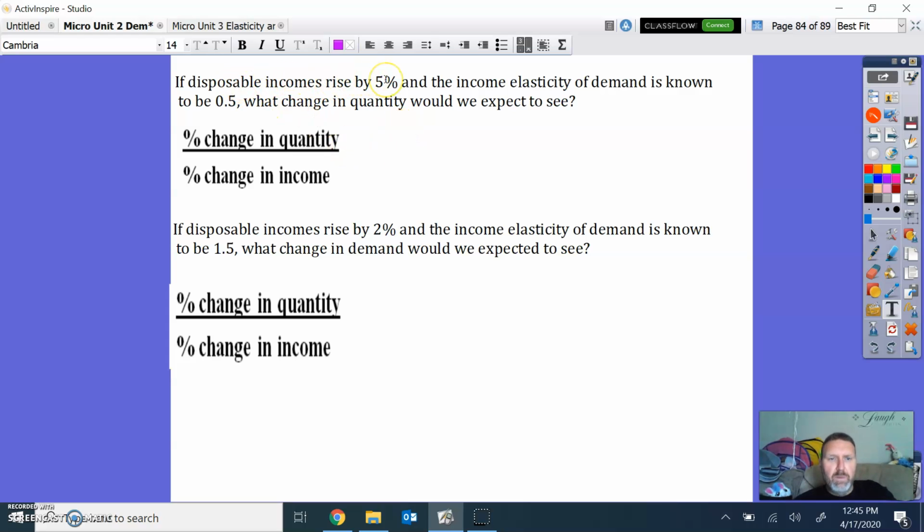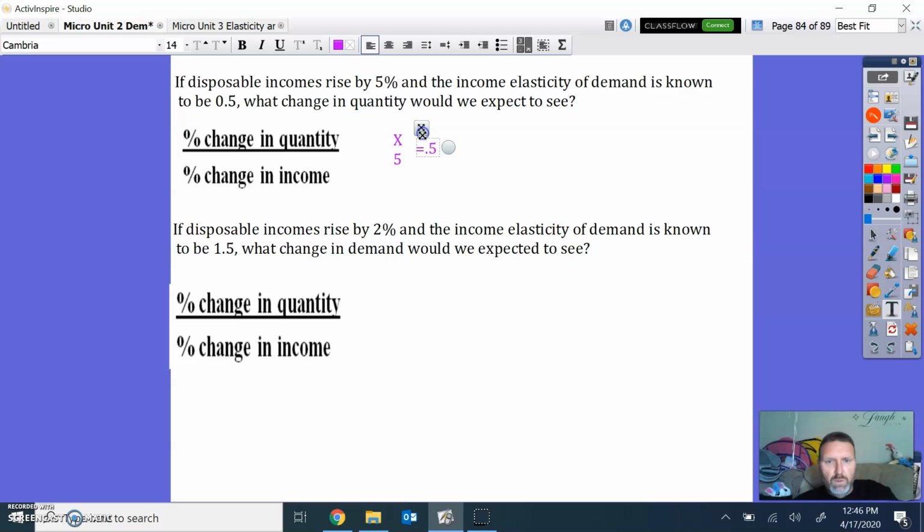Disposable incomes rise by 5%, and the income elasticity of demand is known to be 0.5. What change of quantity would we want to see? This is real simple then. If I bring my little formula up here, X over disposable incomes rise by 5, 5, equals 0.5.